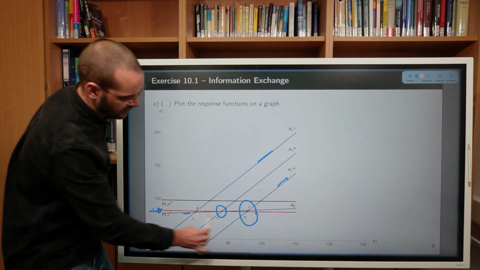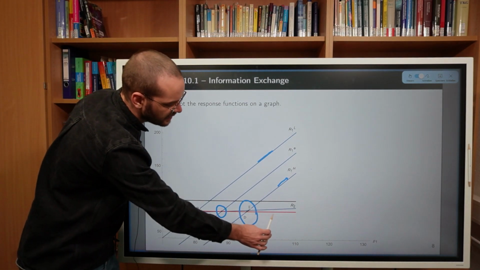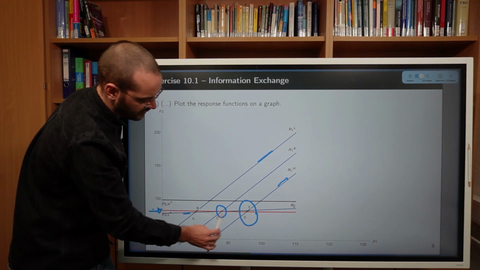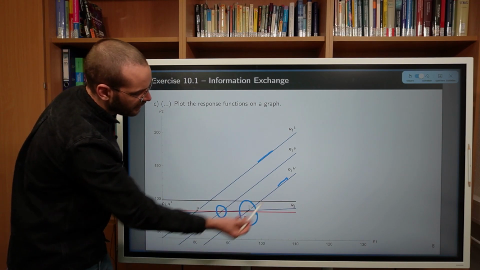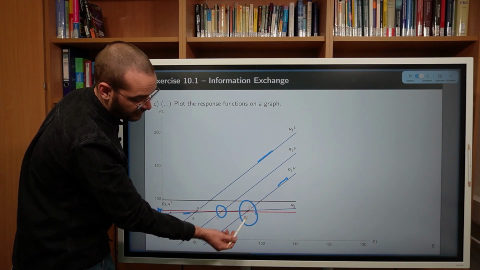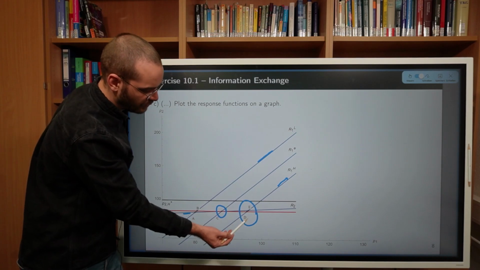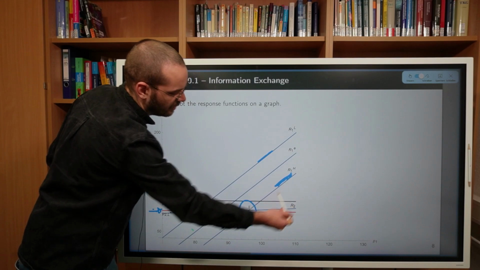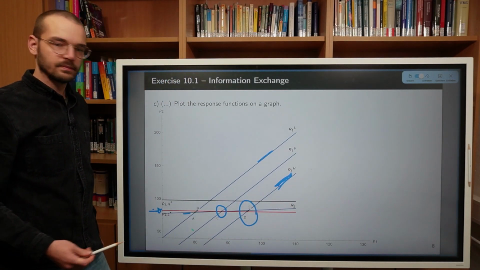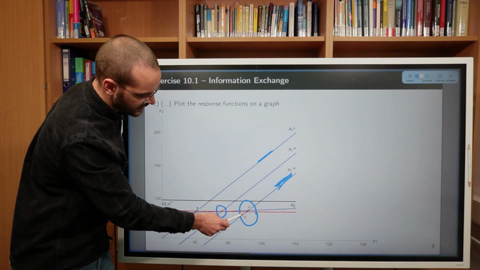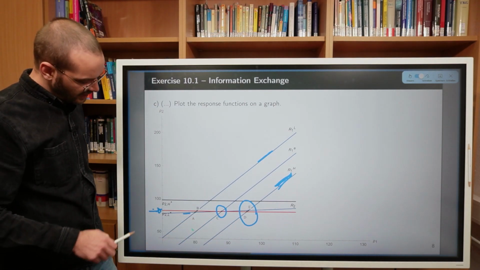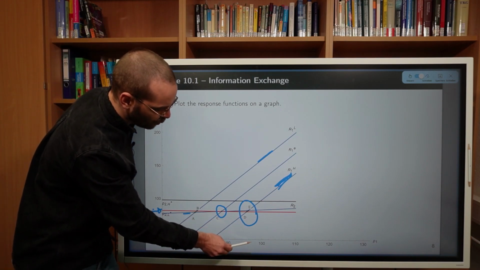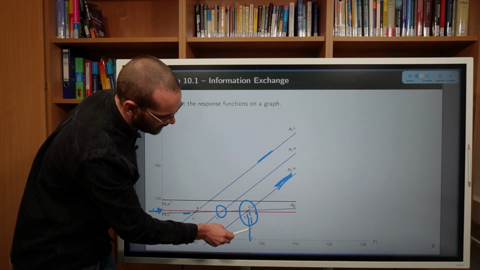And for this price marked in red, for this pricing from firm 2 that is marked in red, we will find a profit maximizing or a best response price of firm 1 in the intersection of the red line and this reaction function of firm 1, which is point D. And point D comes with a lower price of firm 1 than point E, right?